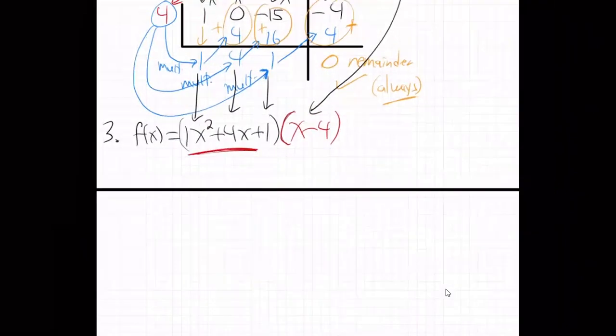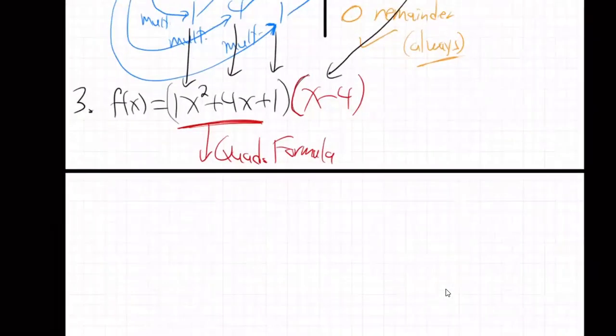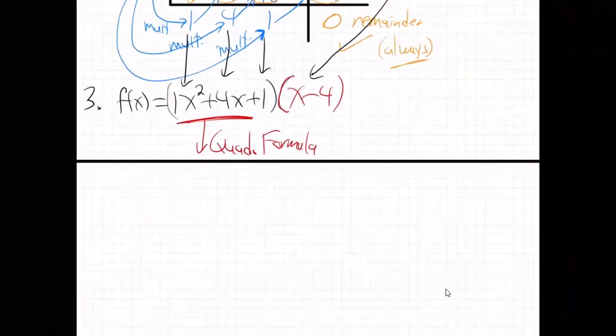Well, take this and you should do the quad. You're going to prefer to do the quadratic formula. All right, let's do it, the quadratic formula. So let's identify the pieces of the puzzle. A is 1, B is 4, C is 1.